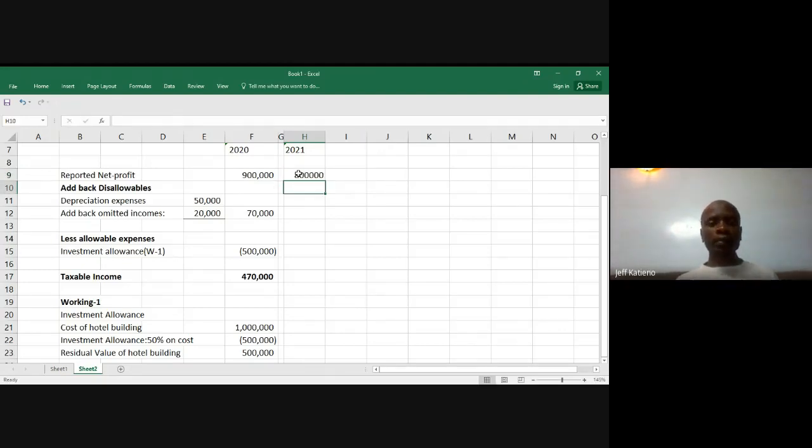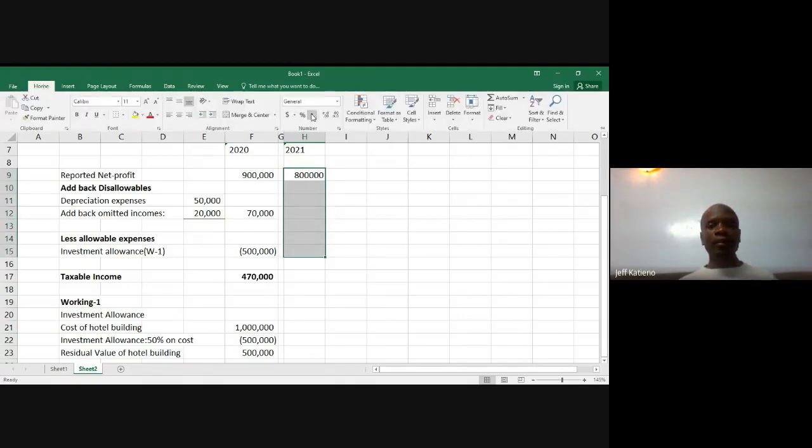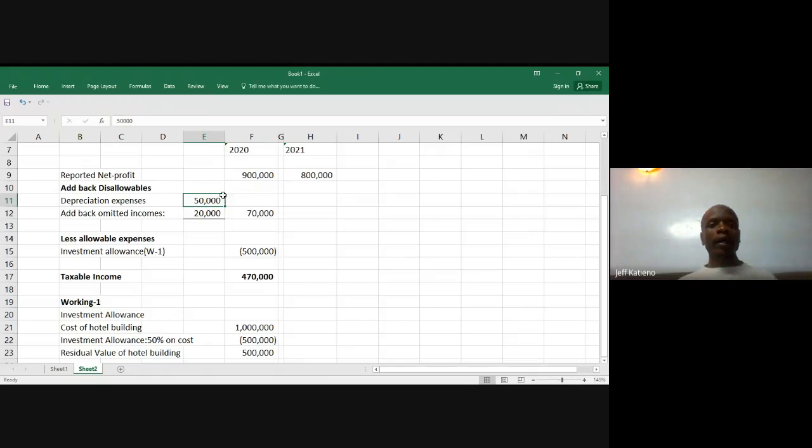This is an assumption, so don't beat me up asking where I got this figure. It is a hypothetical figure for illustration purposes. Let me remove the decimals, and assume that there's no depreciation and no omitted incomes, but you have the investment allowance you have not fully utilized.